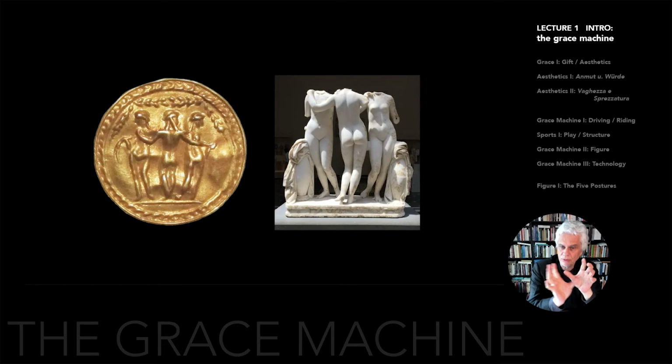I think this is a first century BC Roman copy of a Greek sculpture or relief, but you can still see that they're in a linear position. So often sculptures at that time were posited against the wall, so you couldn't walk around them. Now in modern museums, of course, you can walk around them, but most of the time these were understood as a three-dimensional relief, so to speak.